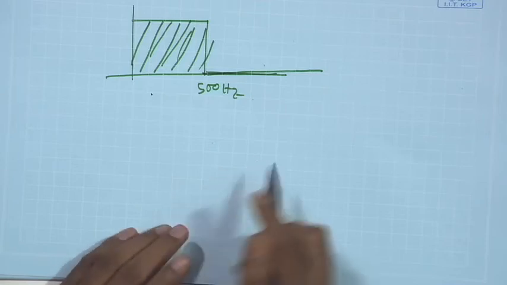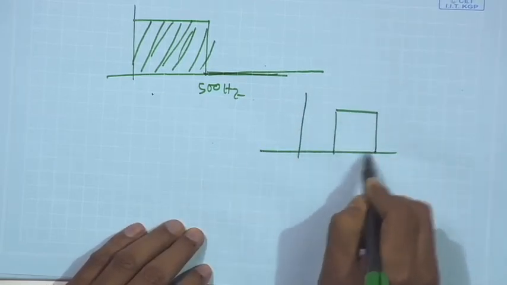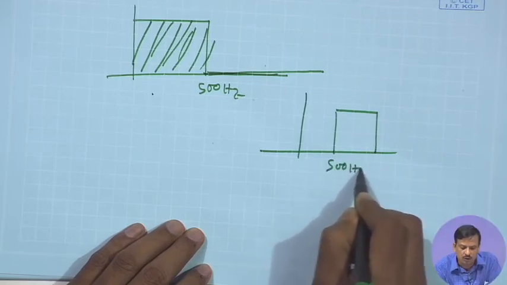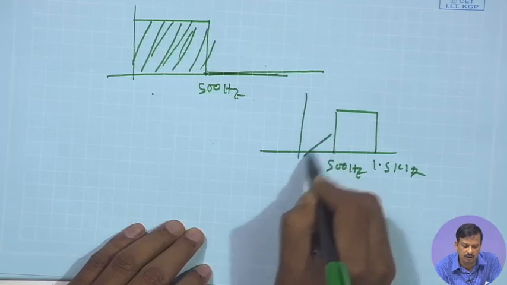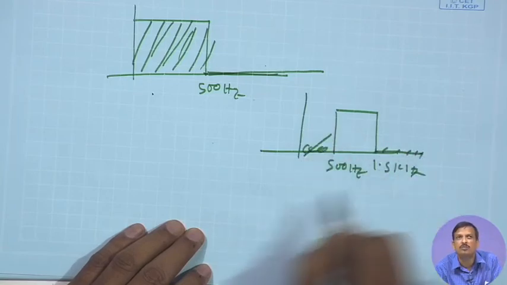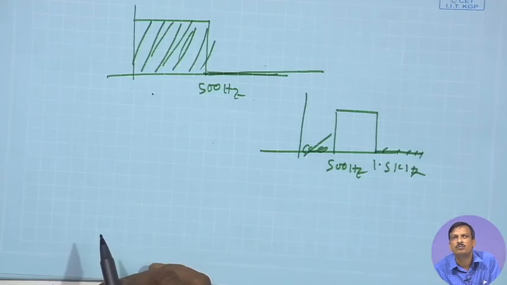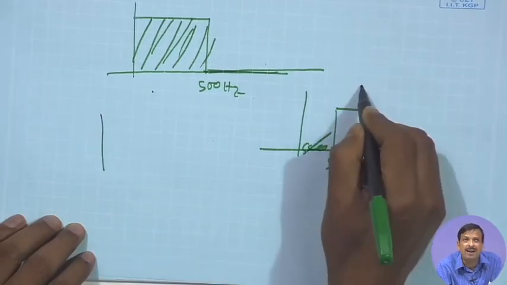Okay. I may want this type: frequency components between 500 hertz and 1.5 kilohertz may pass, and this portion also becomes 0 and this portion also becomes 0. That is my requirement, and it is called a band pass filter.